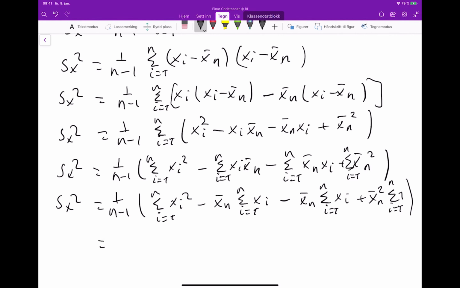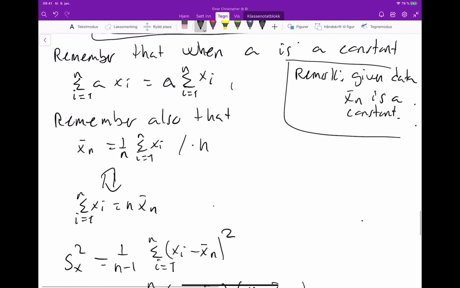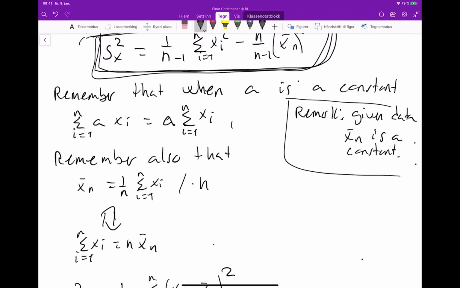So we are closer to what we are going to show now. So then we got that this is the sum of xi in the power of 2 minus, and as the other thing we have to remember is that we know that the sum of the xi's can be written as n times x bar n.